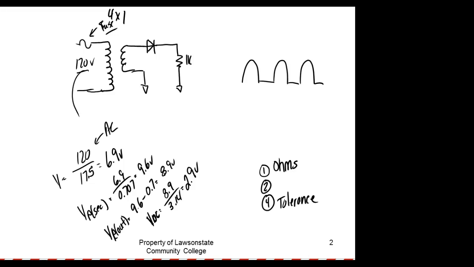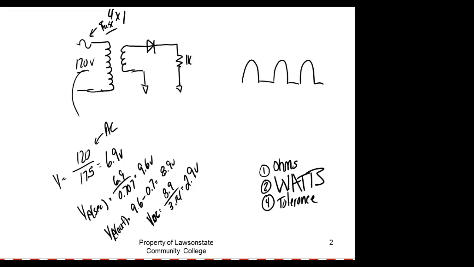But you have two things that are extremely important about resistors: ohms and watts. Guys, if y'all don't know this, y'all are in trouble. Resistors are rated in ohms, they're rated in watts, and then they have a tolerance.